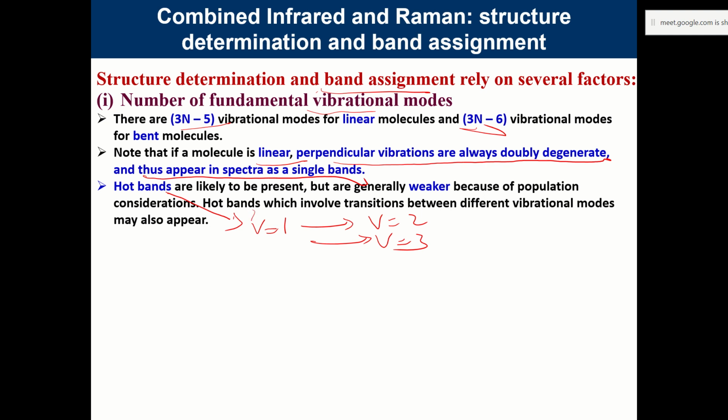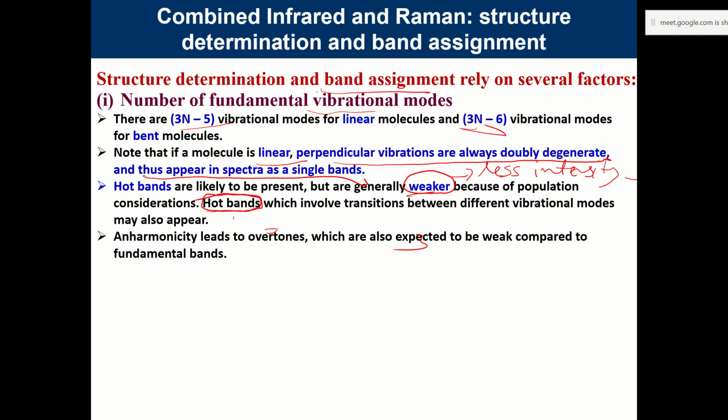These hot bands will have very weak intensity, because those levels are less populated at room temperature. V equal to 1 or V equal to 2 will be less populated, but as you increase the temperature the signal increases. So that's why we call them hot bands. When you heat the sample you get those bands, otherwise not.